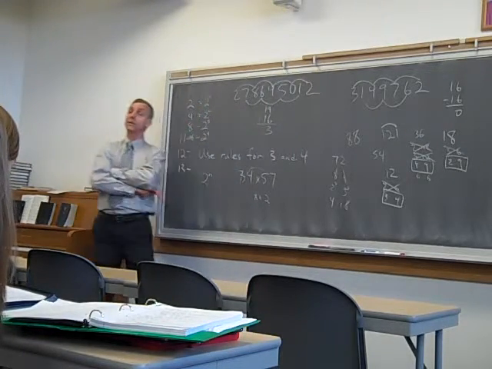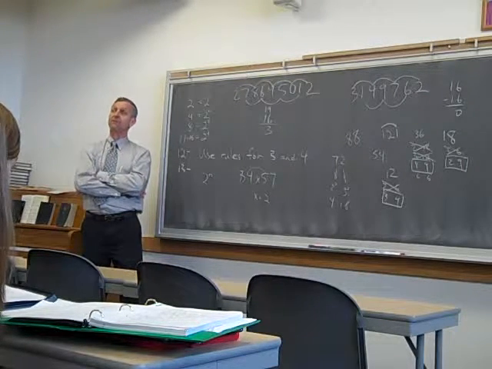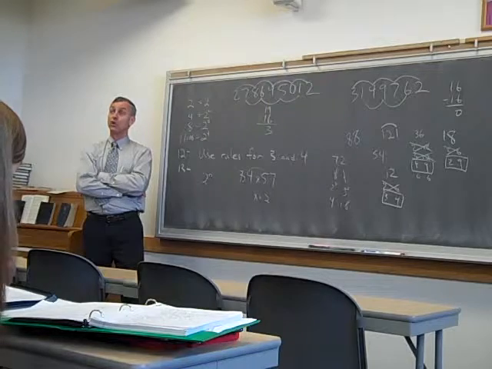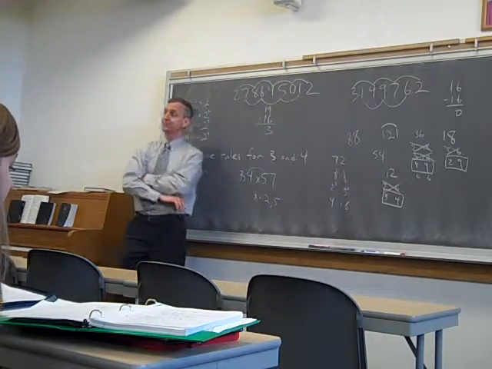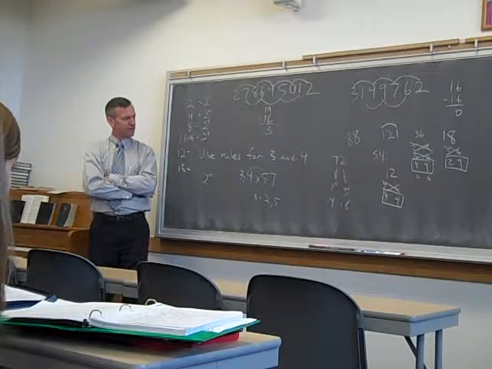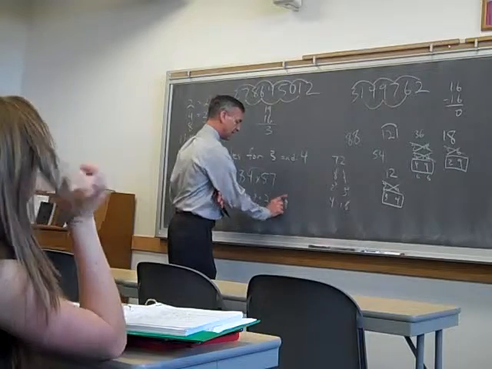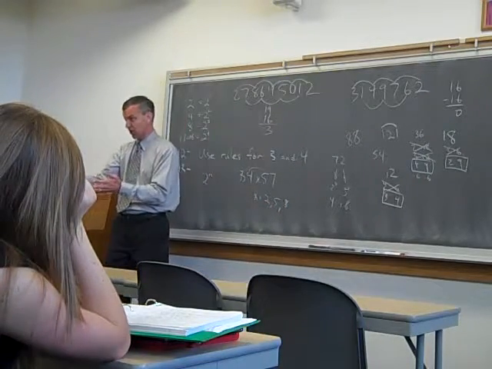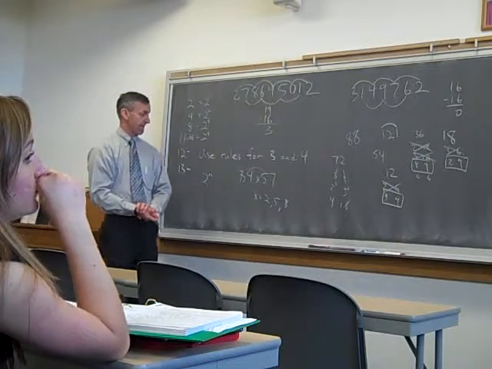Is that all it could be? It could be 5. 5 plus 7 is 12, and that's divisible. So it could be 5. Is that all? 8. 8 plus 7 is 15, and that's divisible by 3.